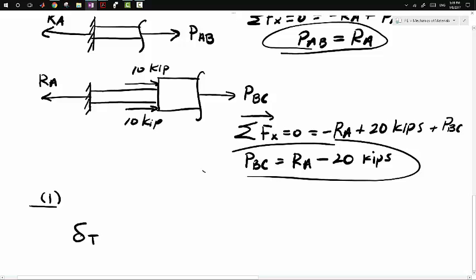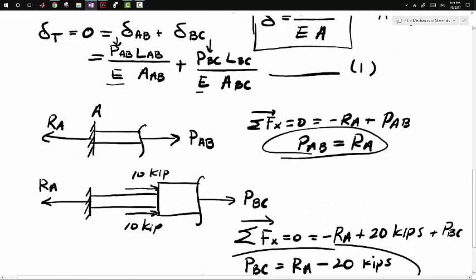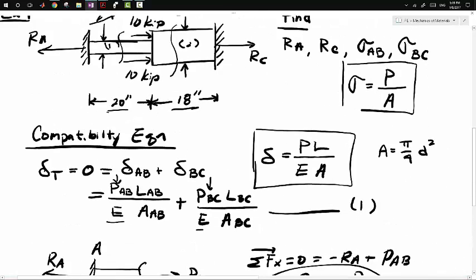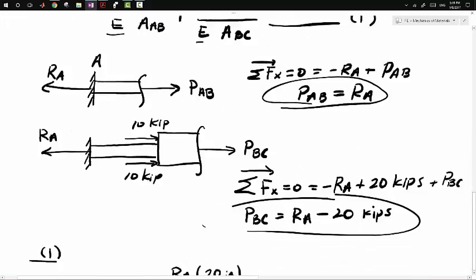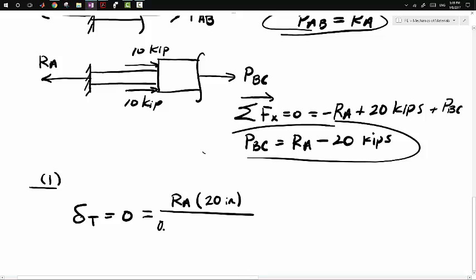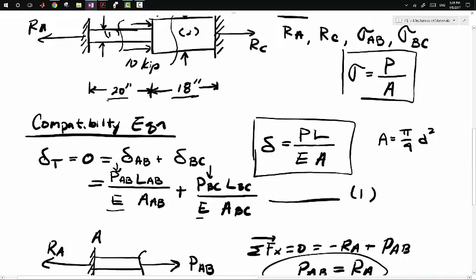So dt, total deformation, which is equal to 0, is equal to PAB, which is the reaction at A, times length AB, which was given as 20 inches, divided by Young's modulus, which is given as 0.3 times 10 to the 6 pounds per square inch, times the area of AB, which is, again, pi over 4 times the diameter squared. The diameter is 2 inches.